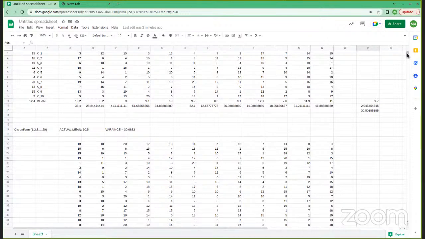Even then, it is good to understand how your sample means are varying. That's the practical utility.